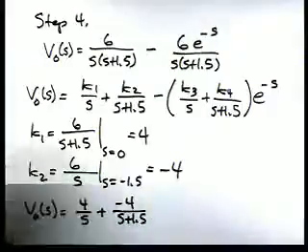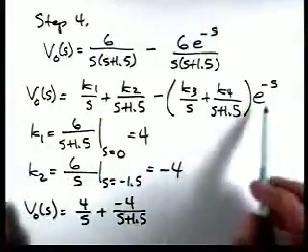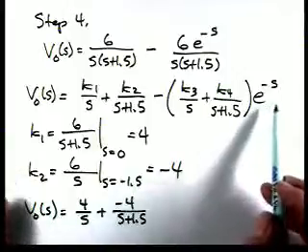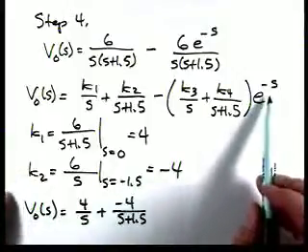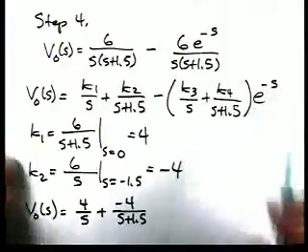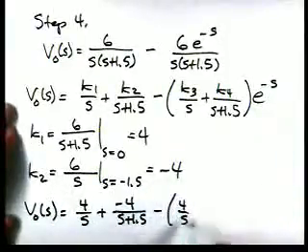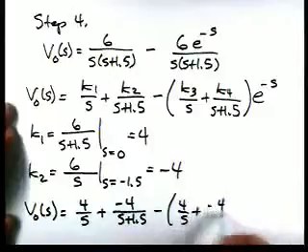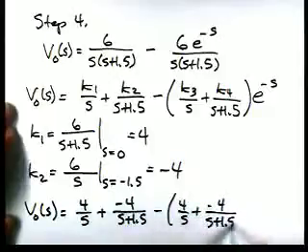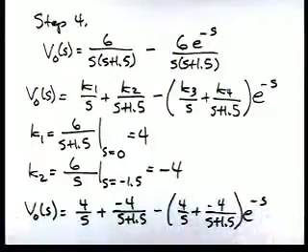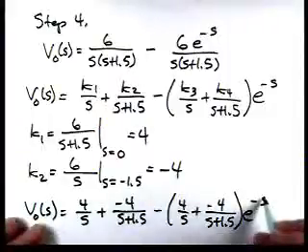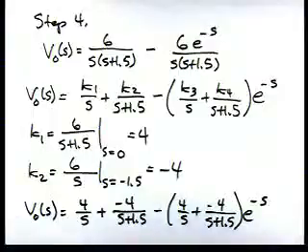This e to the minus S just tells us it's a time shift. So what we have is 4 over S plus minus 4 over S plus 1.5 times e to the minus S. So all that e to the minus S tells us is that there's a time shift.